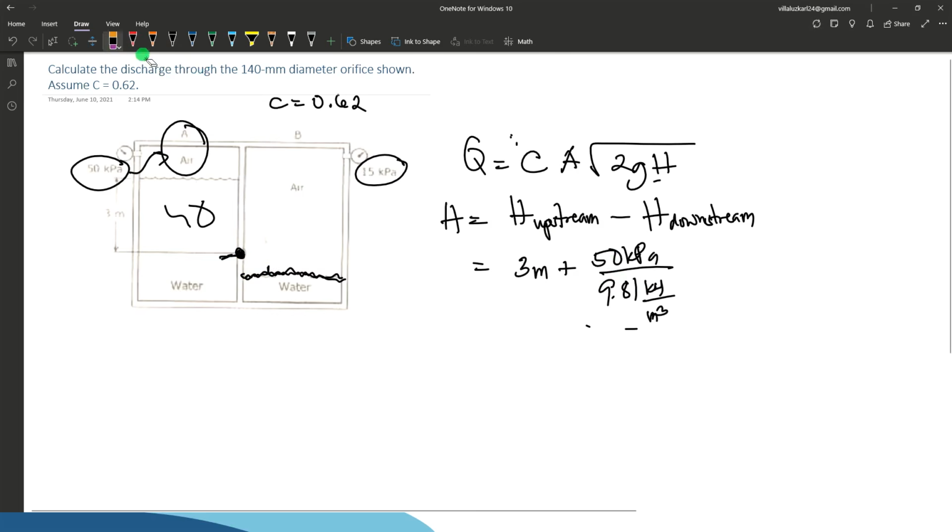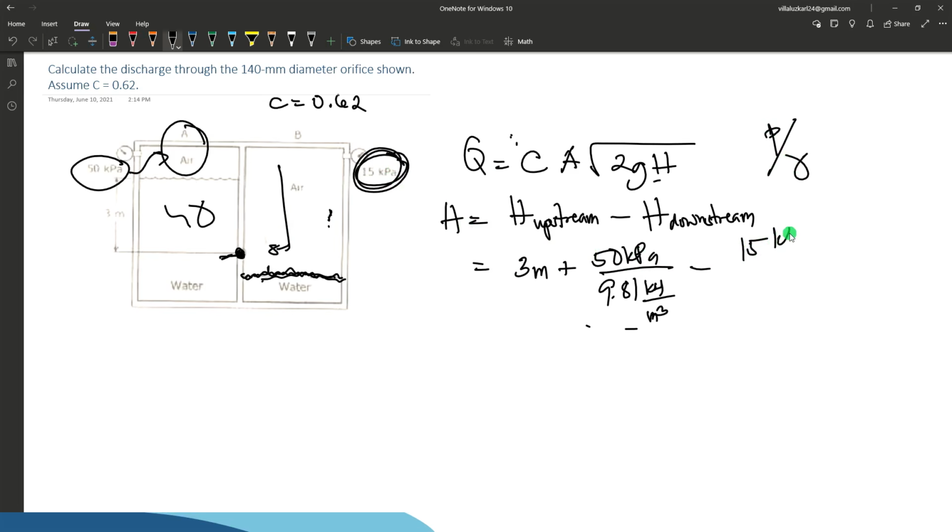So there's no water head here, but we have a given air pressure inside chamber B, which is 15 kilopascal. That pressure will be subtracted from the head on the upstream. So again, we convert this air pressure to its equivalent pressure head, P over gamma: 15 kilopascal divided by 9.81 kilonewtons per cubic meter.